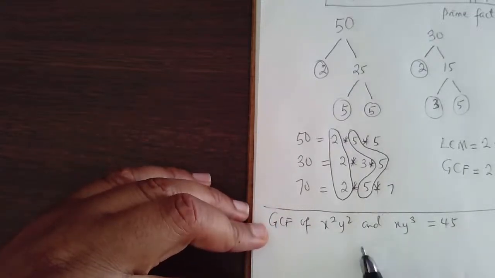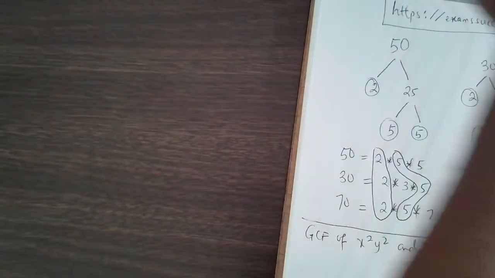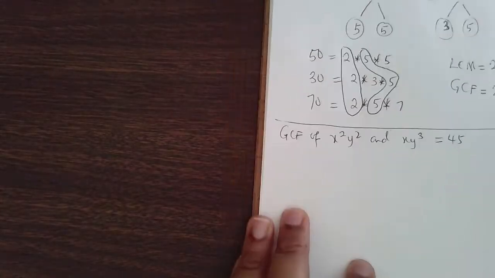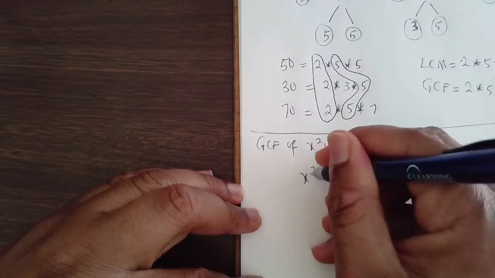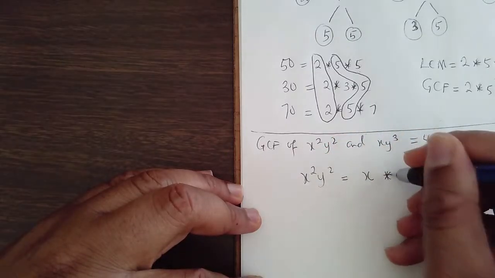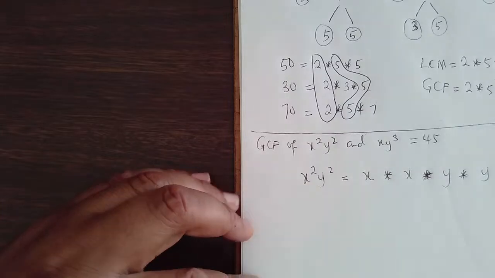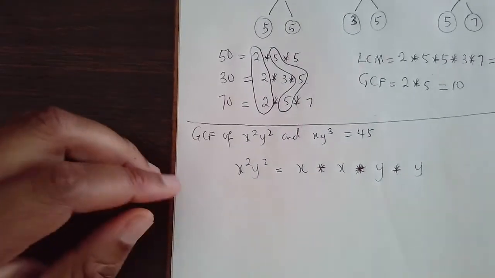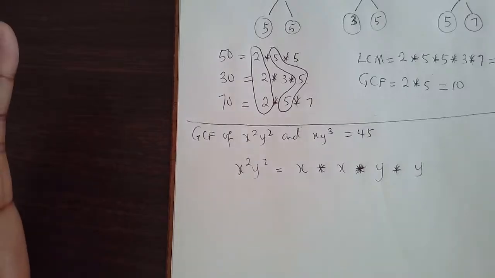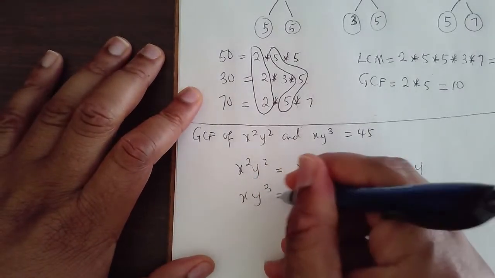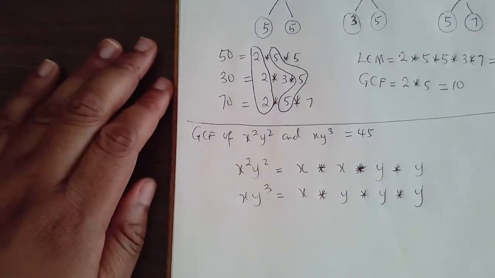So first of all, let's find the GCF of this. We have x squared, y squared, which is x times y times y. With variables, my advice is to write it out like this, separating it. And xy cubed is x times y times y times y.